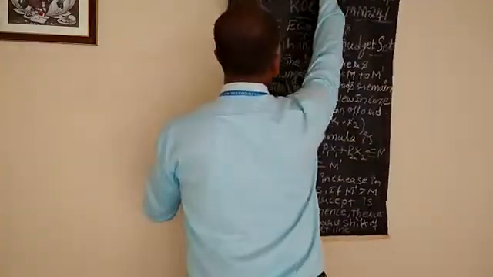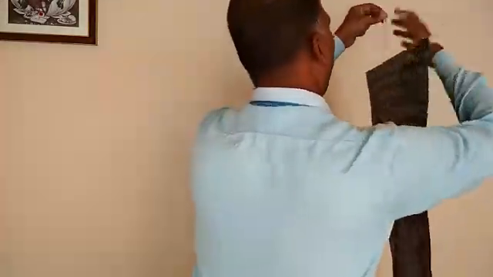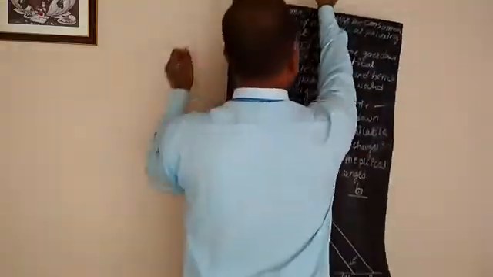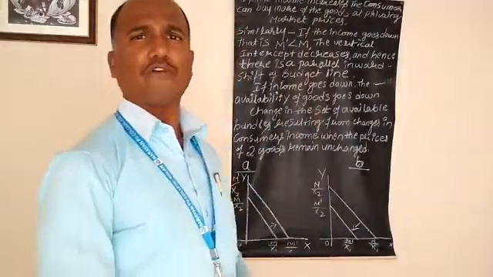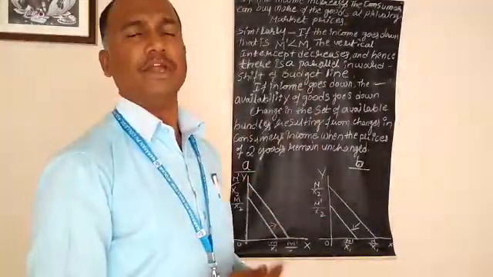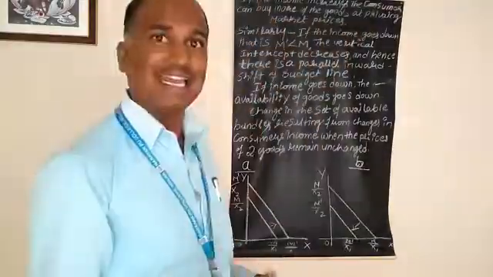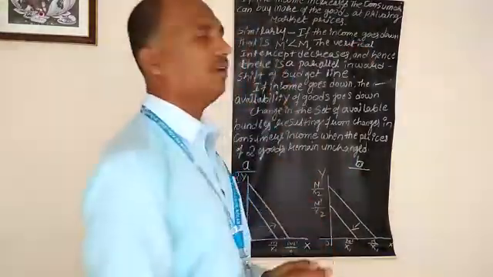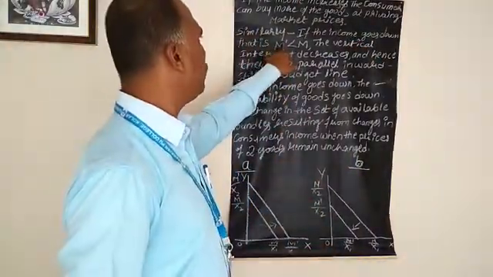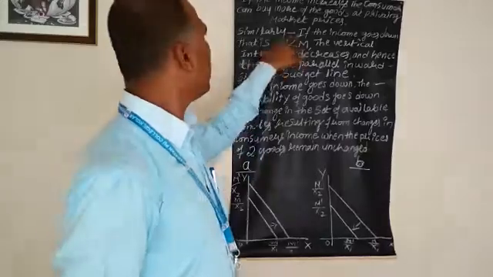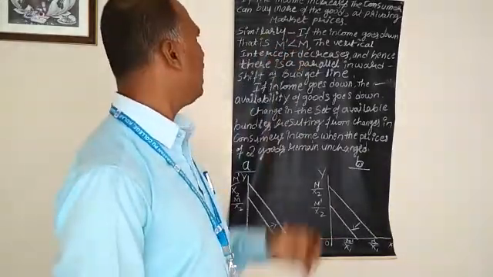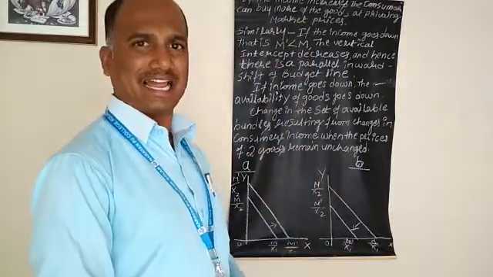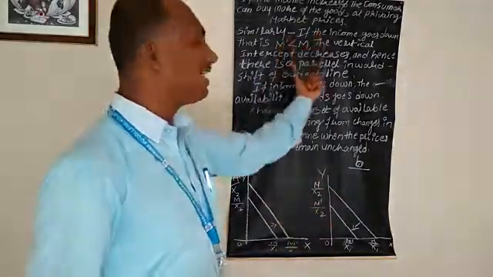On the other hand, similarly, if the income of the consumer goes down, that is, M dot is less than M, the changed income is less than the previous income, then the vertical intercept of the budget line decreases.